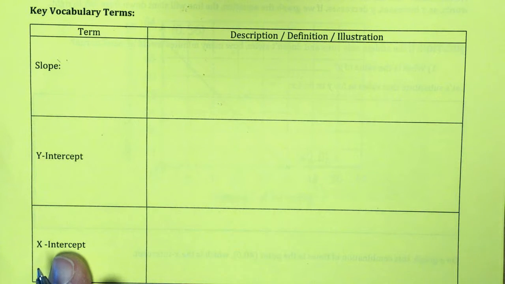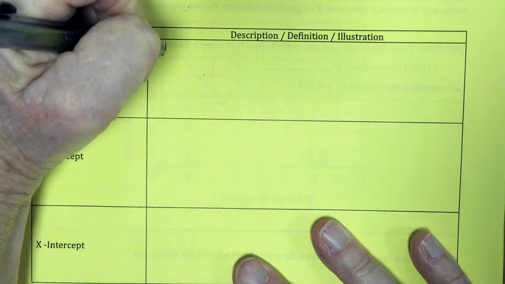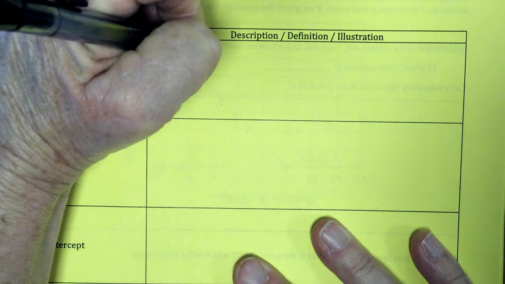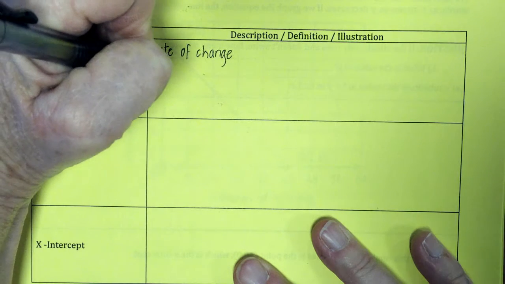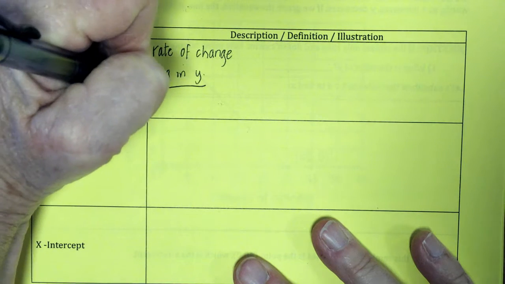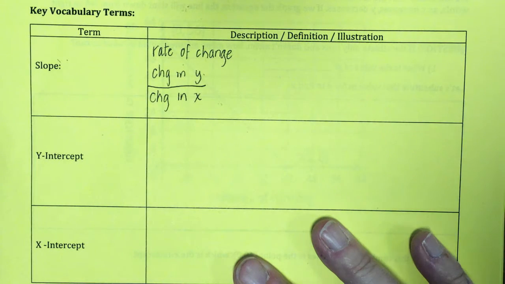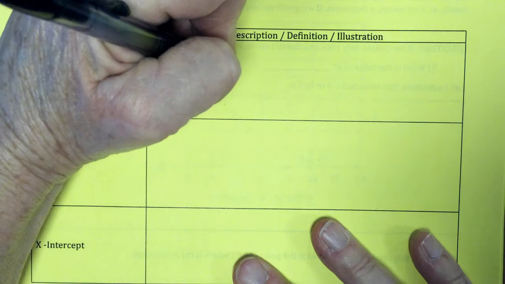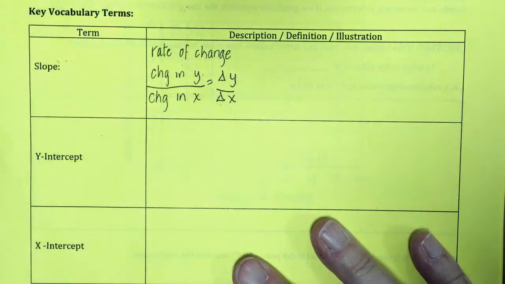We know that slope is the rate of change. We've seen it before. When I talk about the rate of change, I'm talking about the change in y over the change in x. I can also write it this way, delta y over delta x, delta meaning change in.